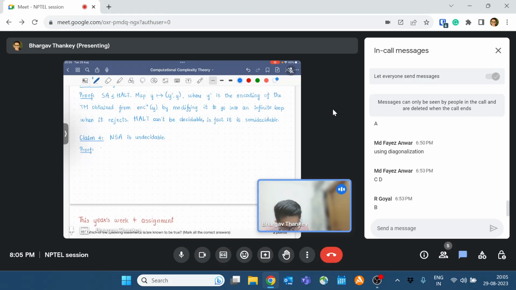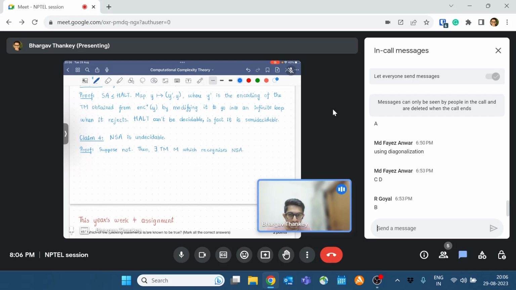Okay, so let's look at the proof for this claim. Suppose not. So if NSA is not undecidable, that means there exists a Turing machine M which recognizes NSA.